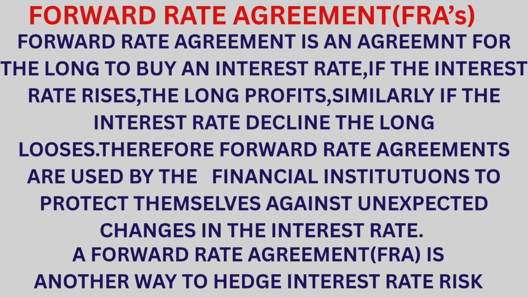Whereas in case of short, if in future the rate of interest goes up, the short will be in loss, and if the interest rate goes down, in that case the short will be in profit position. So forward rate agreement is an agreement between two parties for protecting from the unexpected interest rate risk.